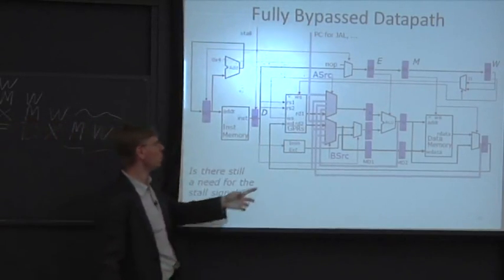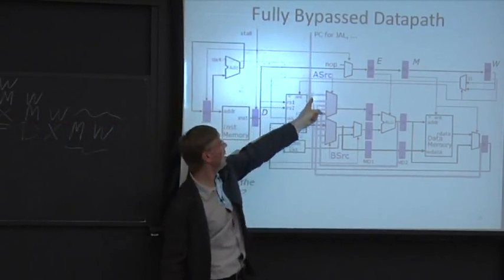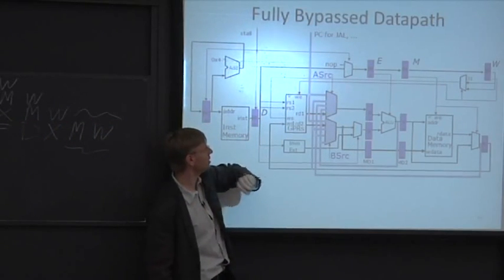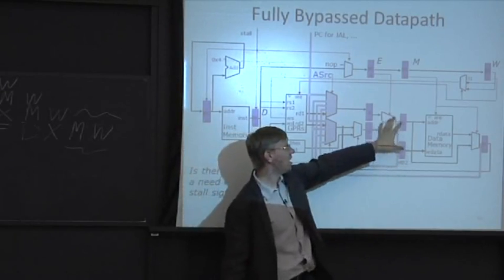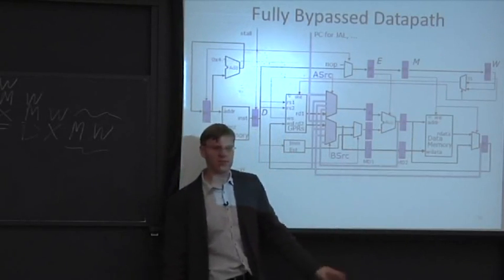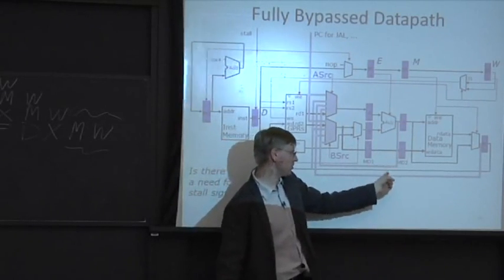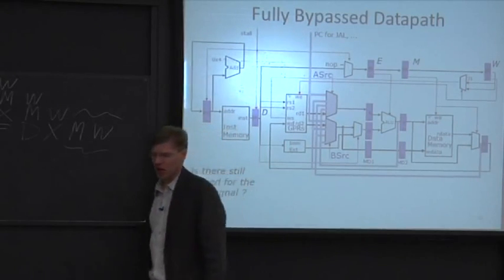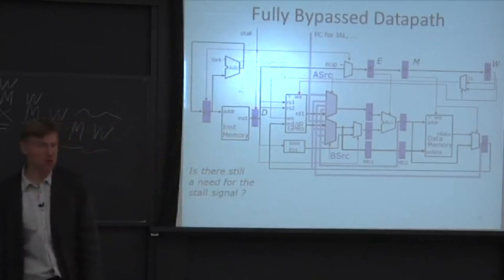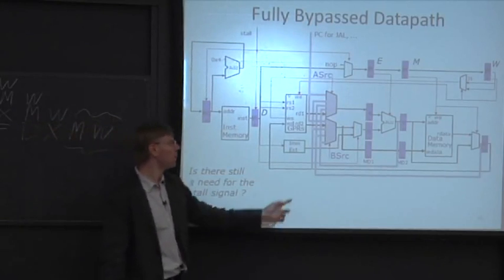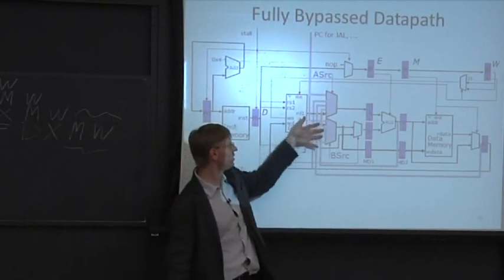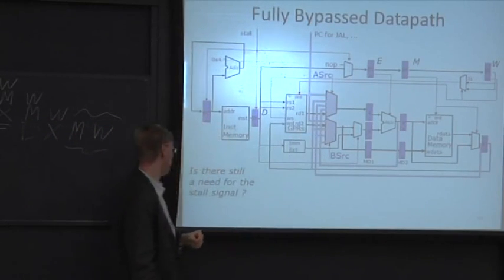And we're also going to add this PC here for the jump and link that handles some of the more complex cases, because otherwise we have to put multiplexers here for R31 multiplexing in the PC or something like that. So we've effectively been able to bypass everything here.